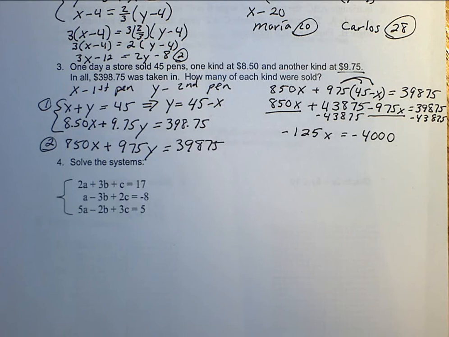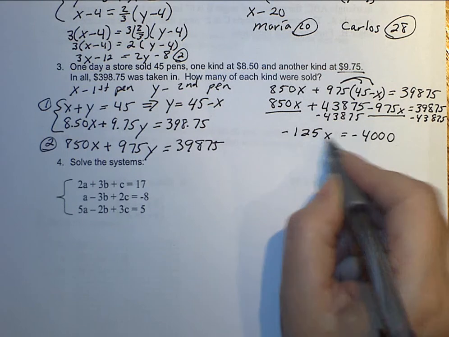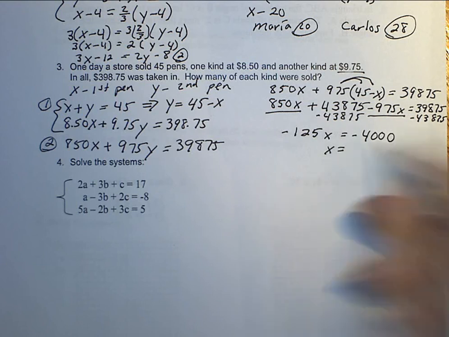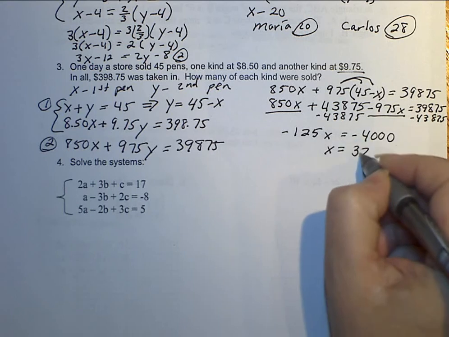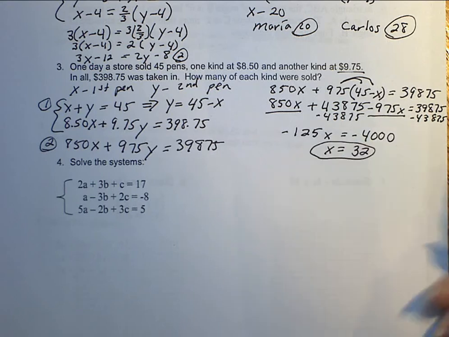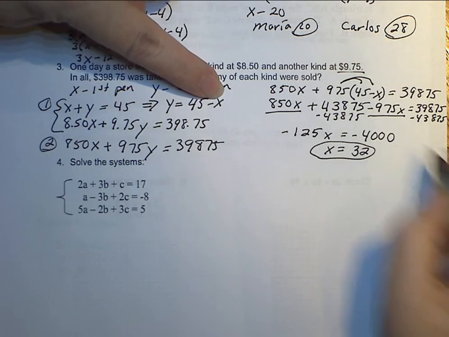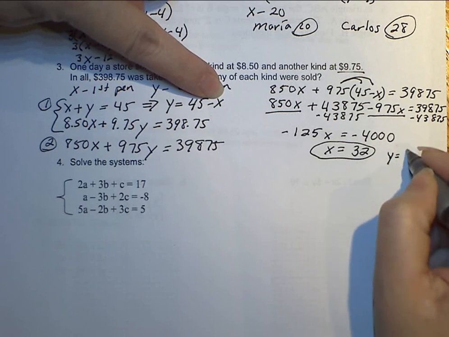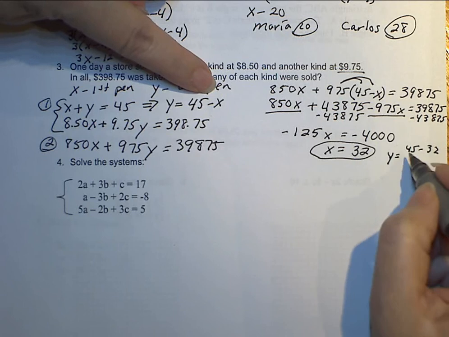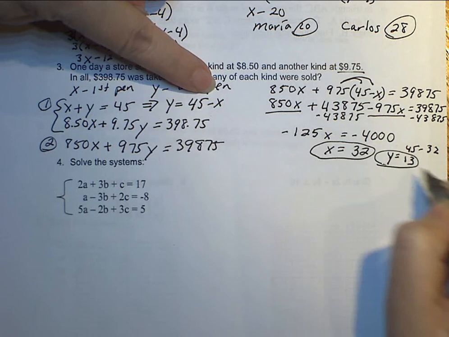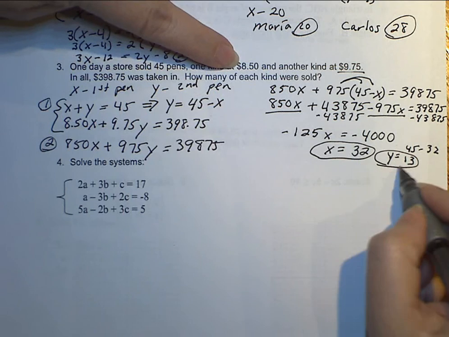Then we're going to divide by our negative 125. So x is going to be 32. X is 32, and it says y is 45 minus x. So y is 45 minus 32, so y is 13. So we have 32 pens of one kind, that's 850, and 13 at the 975.